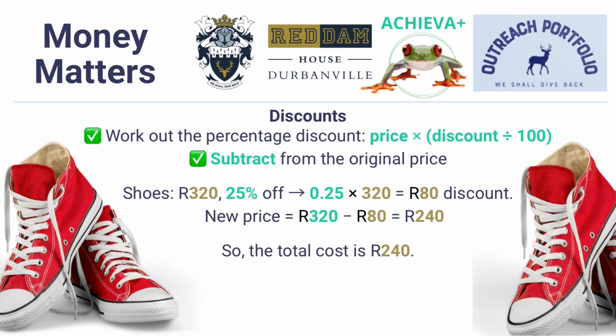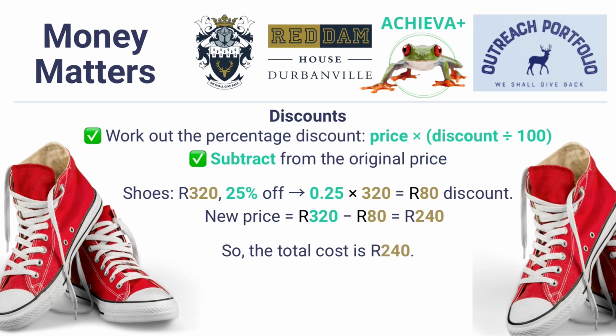Maths is super useful to understand discounts. Work out the percentage discount that you will get by taking the price and multiplying it by the discount divided by 100. Then subtract that number from the original price.